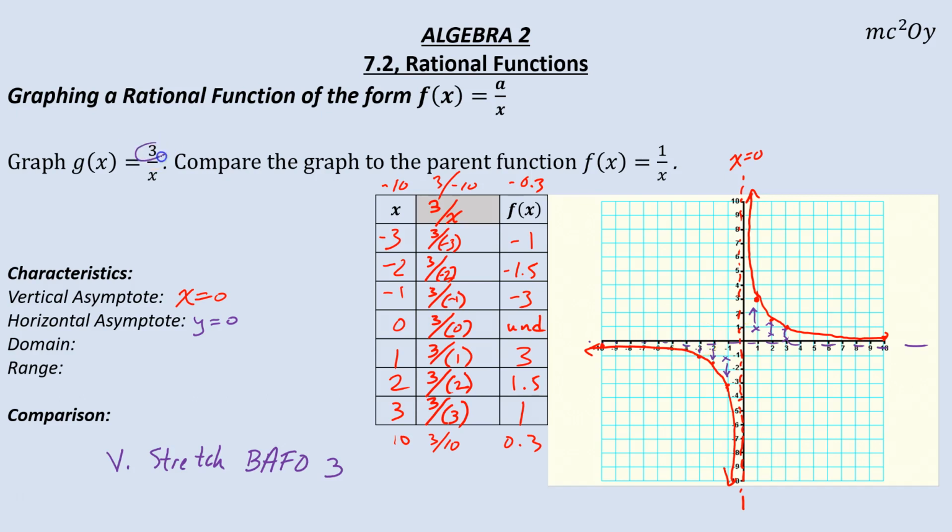And what's doing that? Well, this value of 3 here. If this was 5, it would be a vertical stretch of 5. If it's 7, that would be a vertical stretch of 7. So a controls our stretch and shrink. So we think of a as the vertical stretching and shrinking of the parent function.